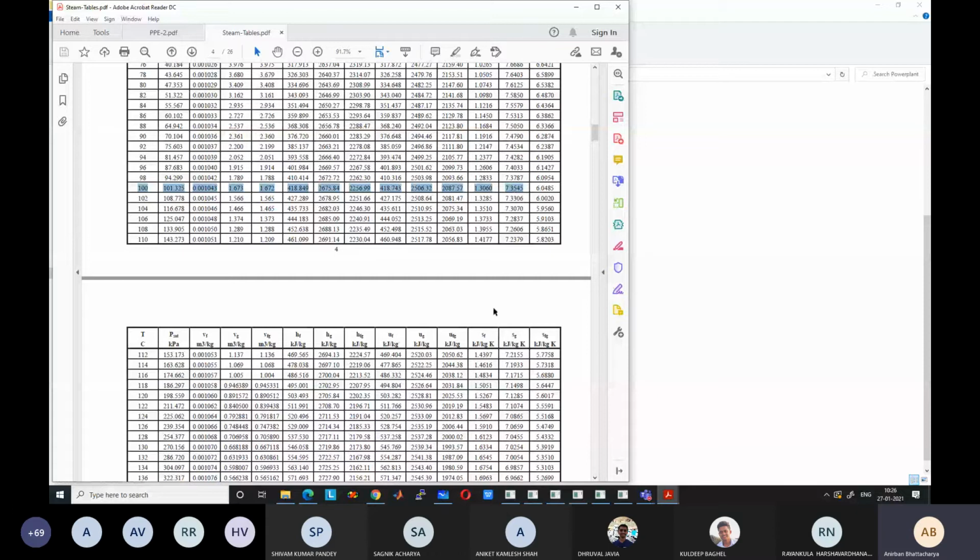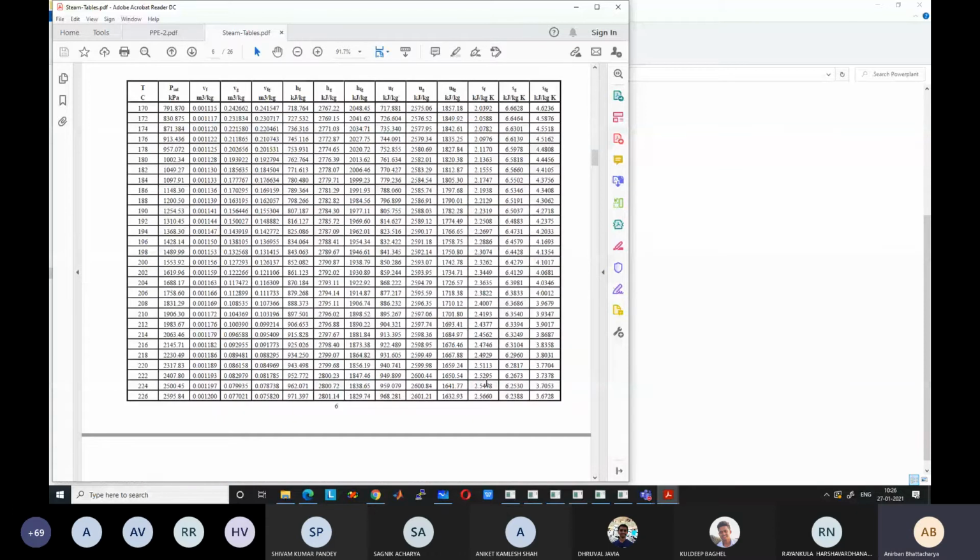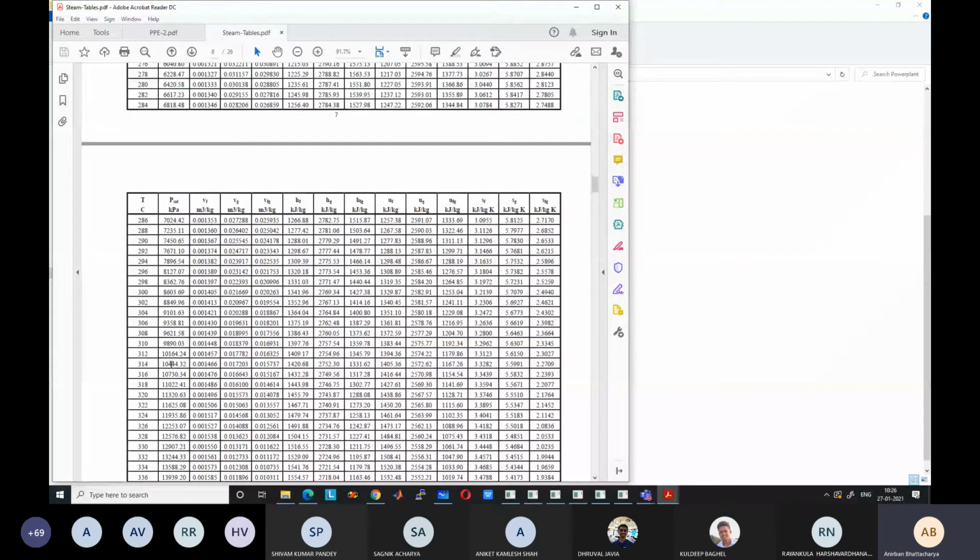At around 10 kPa, this is 3.3 and 5.6. So the saturated liquid entropy is higher, but the saturated vapor entropy is lower. Instead of 7.5, it is now 5.6, and instead of 1 point something, it is now 3.3. So these have changed. Accordingly, the differences also keep on decreasing.